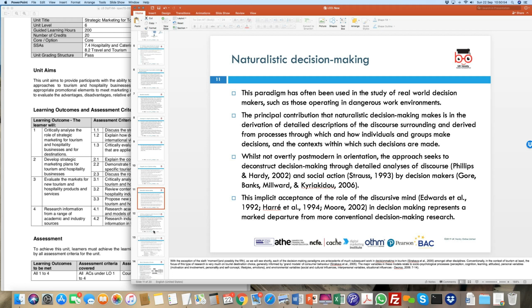That is why this particular view looks at the aspect of naturalistic decision making, which takes a holistic approach to making decisions, wherein individuals and groups are involved in doing certain activities in a location.